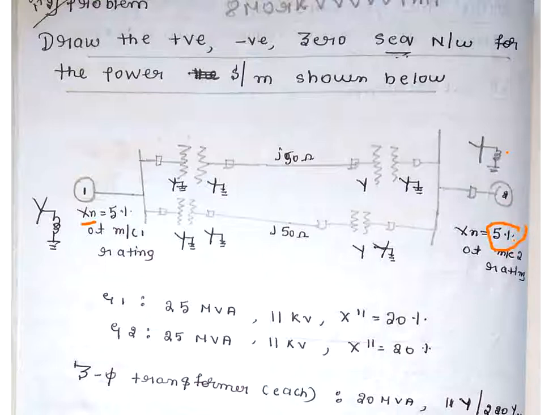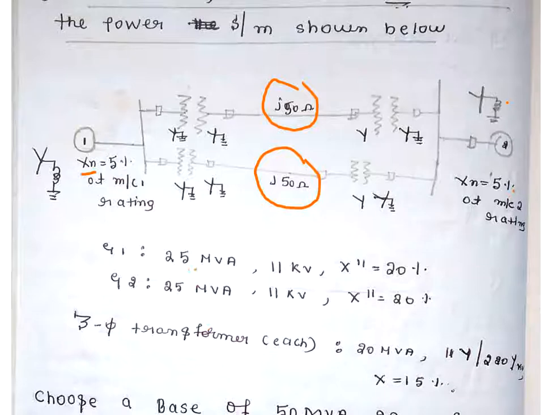Then the four transformers: the upper transformers are connected by a line, so T1 and T2 are connected by one line. The line value has been given as j50 ohms, and here also this line is given as j50 ohms. Now the values of generator 1: 25 MVA, 11 kV, and subtransient reactance 20%.